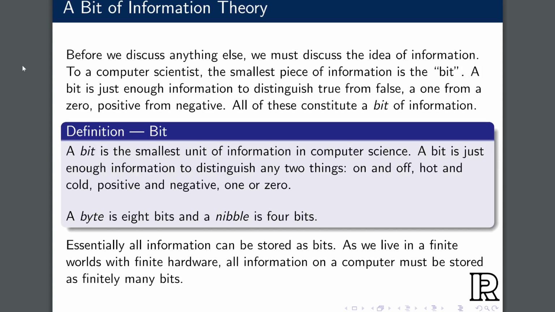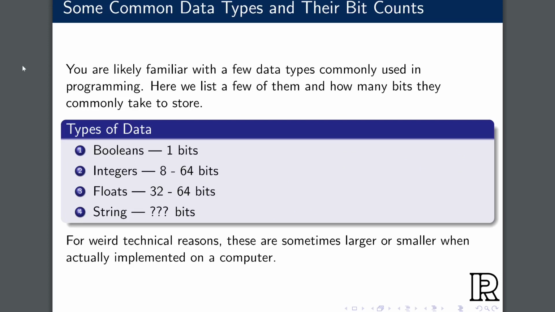And because we live in a world constrained by things like having finite amounts of memory in our computers, any information we want to store has to be stored as finitely many bits. We can't have an infinite number of bits lying around, because actually that would create a black hole. But just a little bit of fun with black holes.